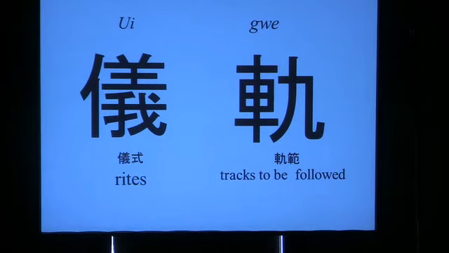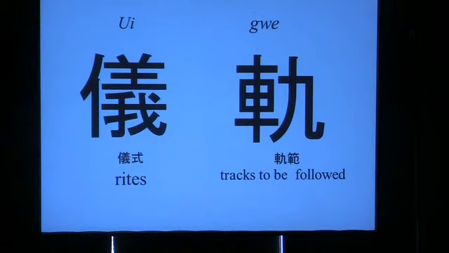This superintendency was a temporary office set up to plan and carry out special state rites. Uigwe were compiled after the completion of events such as royal weddings, royal funerals, birthdays, and other celebrations, and the building and repairing of the palace buildings and so on.